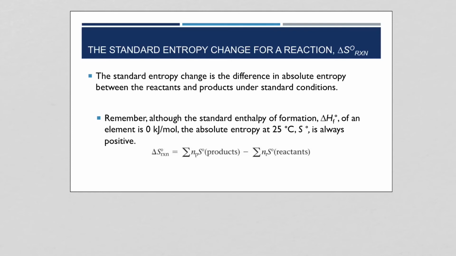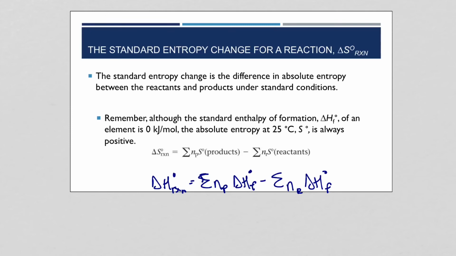We had this equation, if we remember: delta H of reaction equals the sum of the products' delta H of formation, minus the sum of the reactants' delta H of formation.